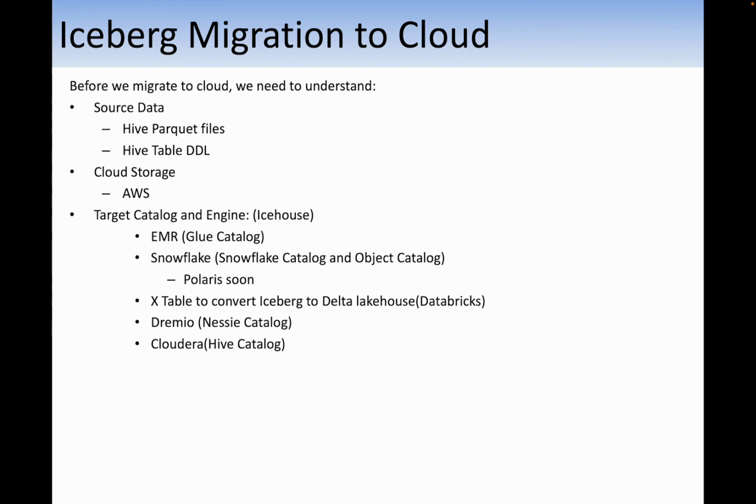If you have a table, Cloudera can read it, and you can register it in the Hive catalog. So if you look here, there are many engines and corresponding catalogs, but the same data file, one table. You can manage your data. So one storage, one table format, many engines.